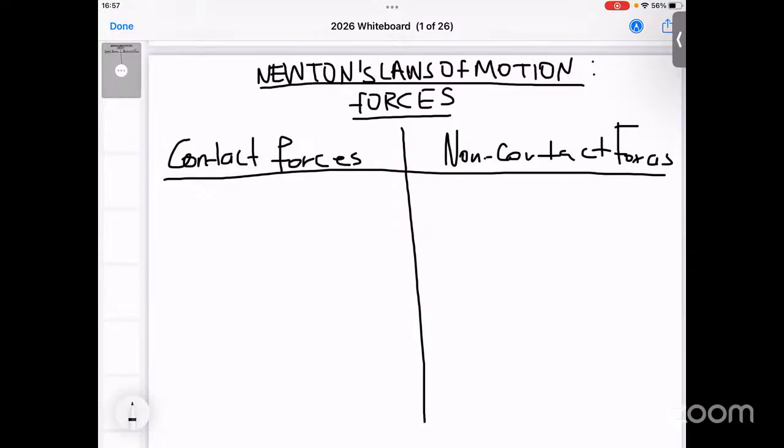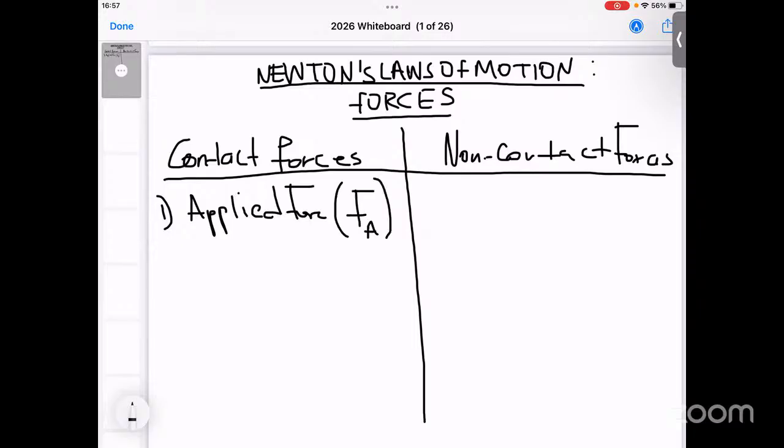In terms of examples, we can talk about the applied force. In physical sciences we refer to that as F, with a small a.